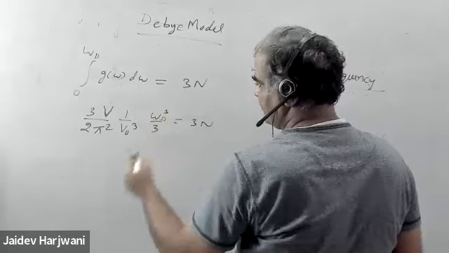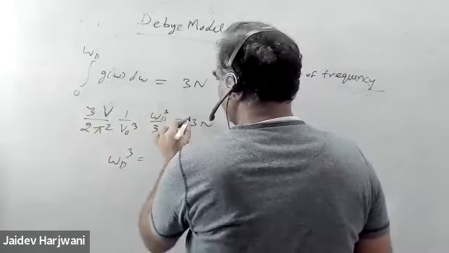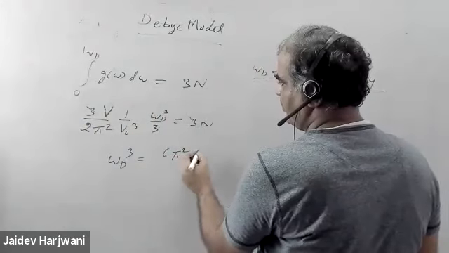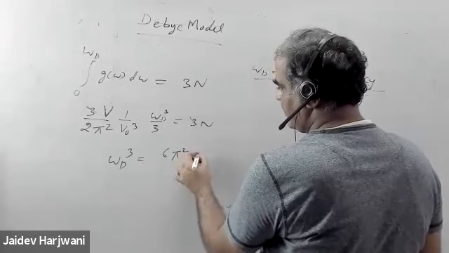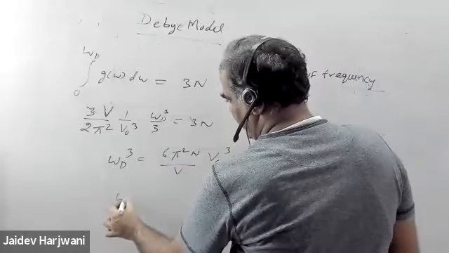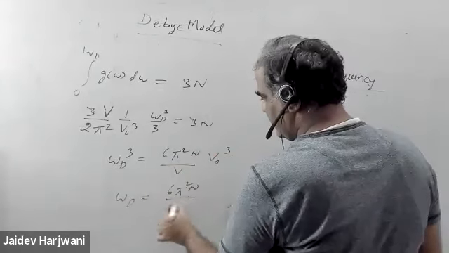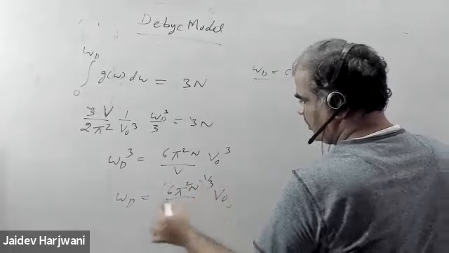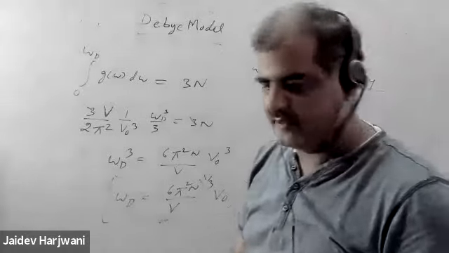If I solve this, the 3 cancels, and omega_D cube becomes 6 pi square N upon V times v_0 cube. So the Debye frequency is (6 pi square N upon V) to the power 1 upon 3, times v_0. This is the formula for the Debye cutoff frequency in a 3D solid.